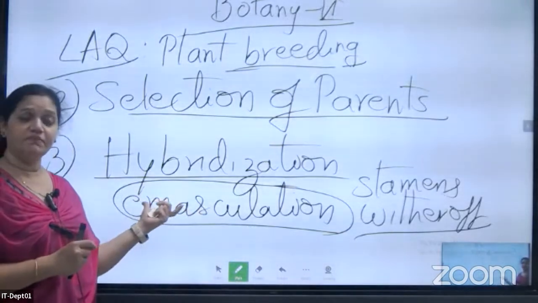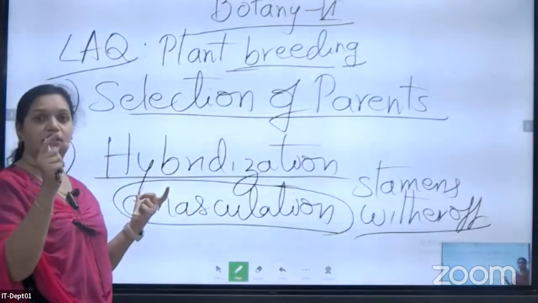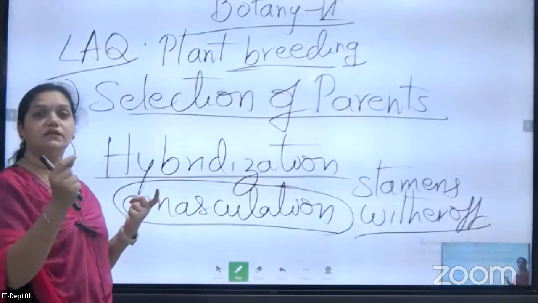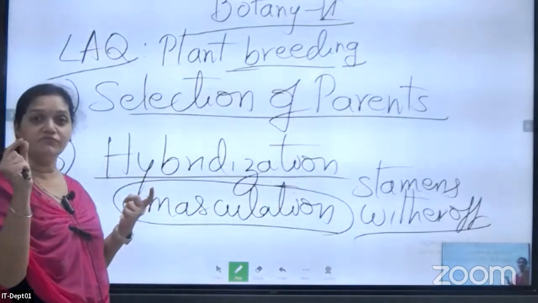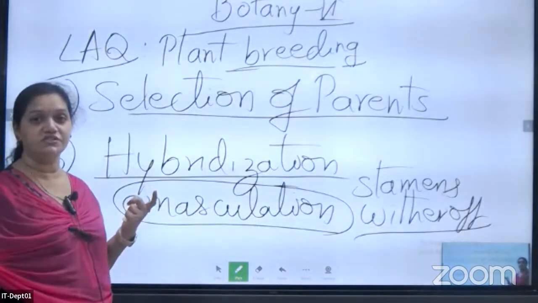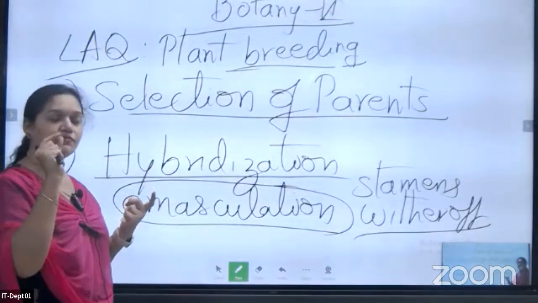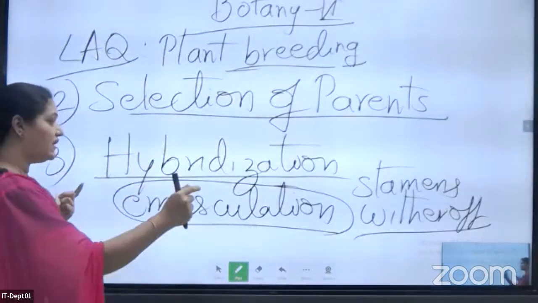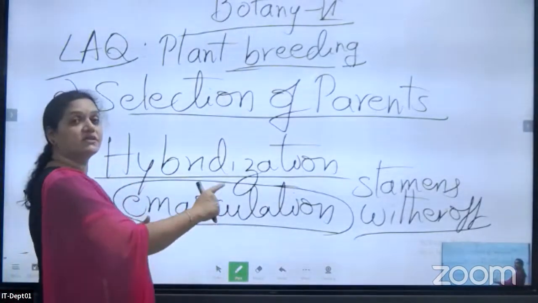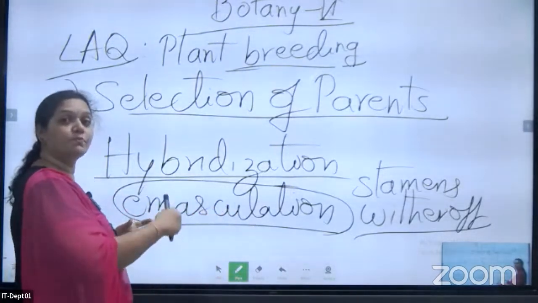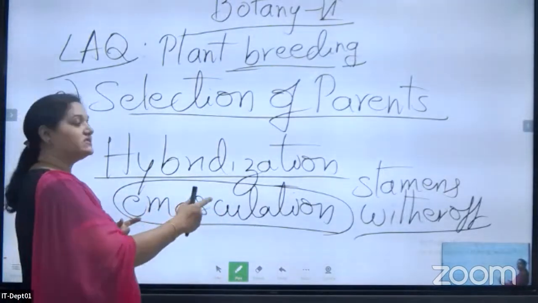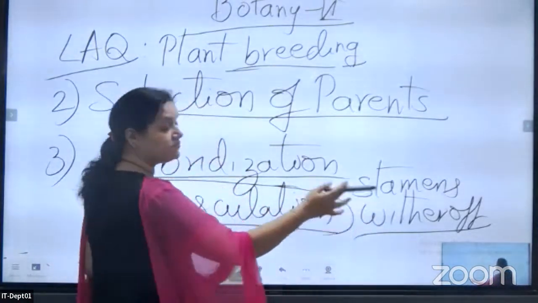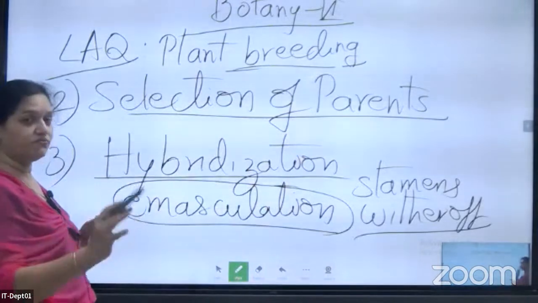We have to write in brackets: if the flower is a very big, solid flower, then removal of stamens should be done with sterilized forceps. If the flowers are tiny, like an inflorescence, then we dip the inflorescence in hot boiling water to make the flower completely a female flower. At that time, the stamens will wither off from the flower.